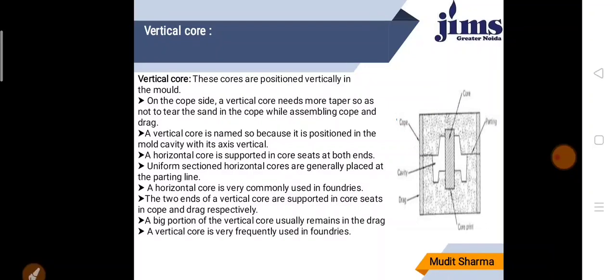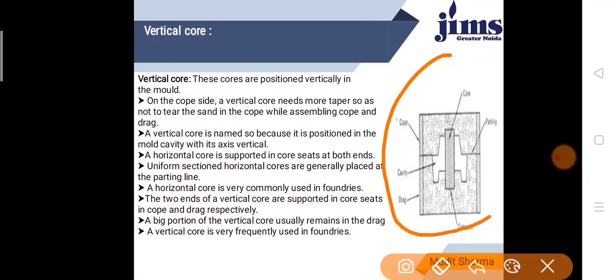The amount of taper on the top is greater than at the bottom. So we can simply say that a vertical core is when the core is placed in a vertical position between the cope and drag. Here you can see this is a vertical core. A vertical core is named so because of its position. A horizontal core is supported in core seats at both ends.